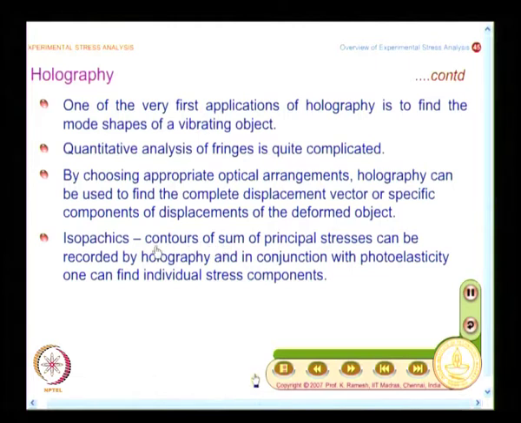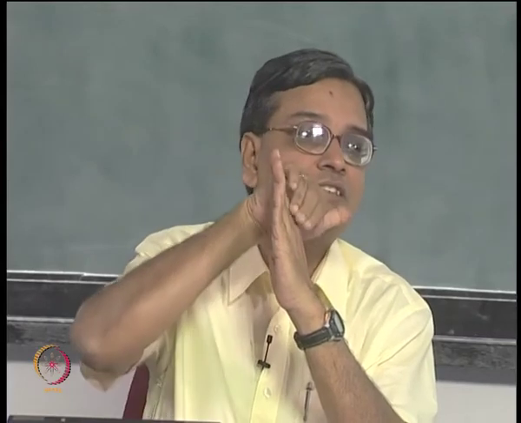If I have this as a specimen, and because of Poisson effect the specimen has lateral displacement in this direction, that could be related, in a planar problem, to sigma 1 plus sigma 2. That is how the whole thing comes.